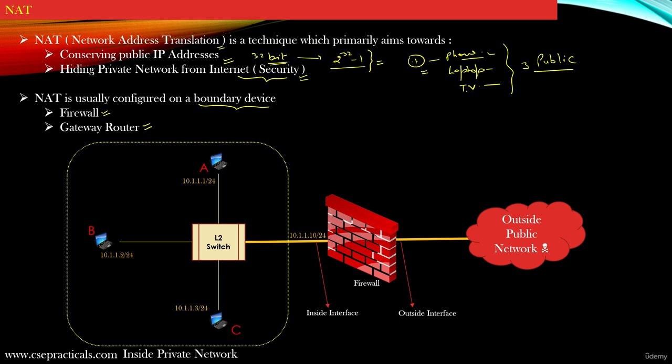You can see in this diagram, let's say the network inside this yellow box is a private network of some organization. It could be Microsoft Corporation, it could be Google, it could be NASA, or it could be any college campus.